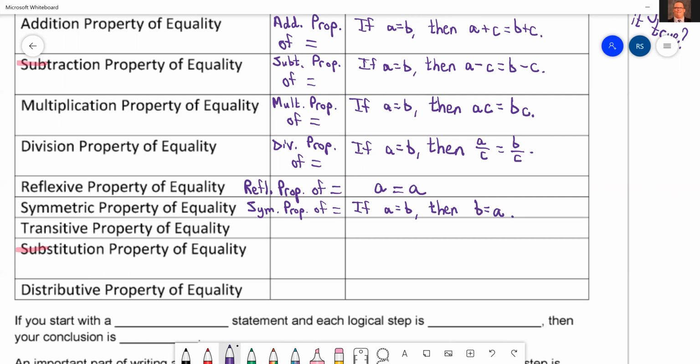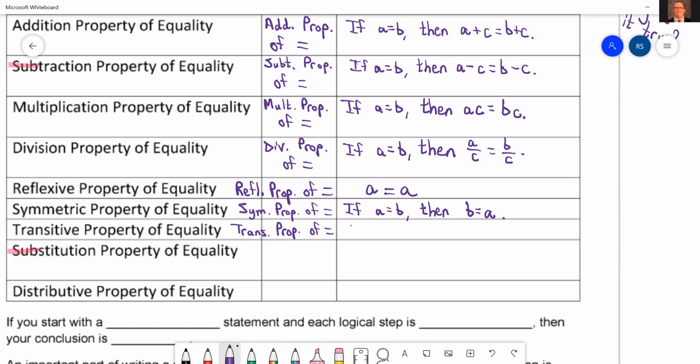Next, we have the transitive property of equality. This one's a little bit longer.